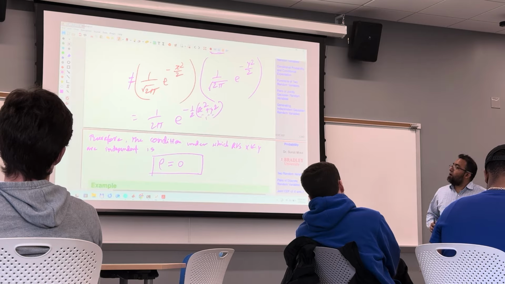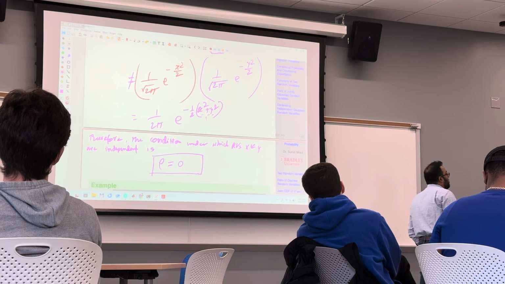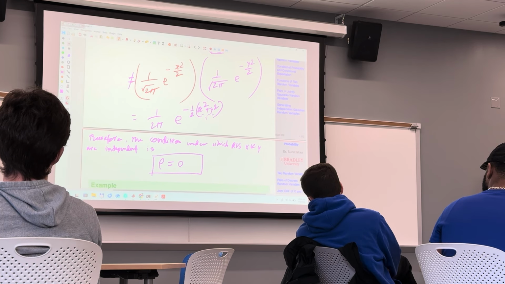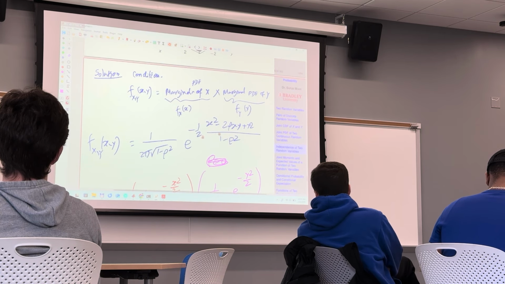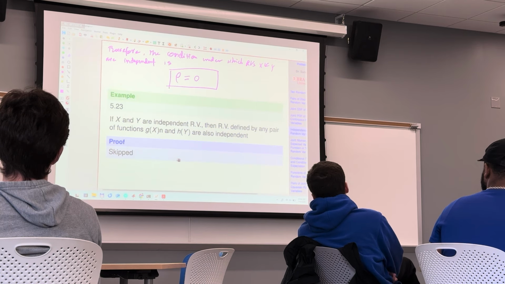Okay. So this is the only condition under which both random variables x and y would be independent, given that their joint PDF looks like this. Okay.